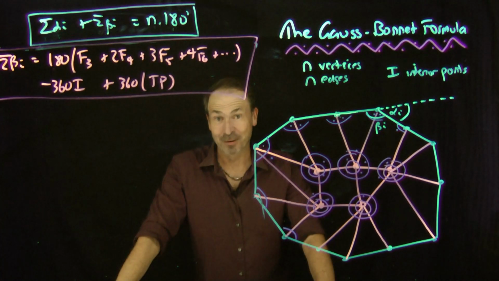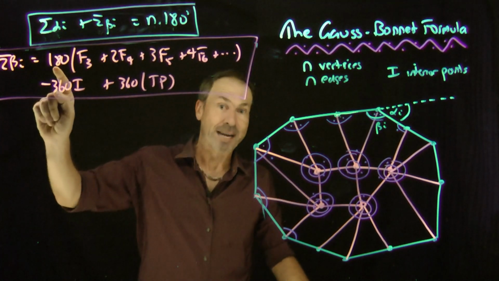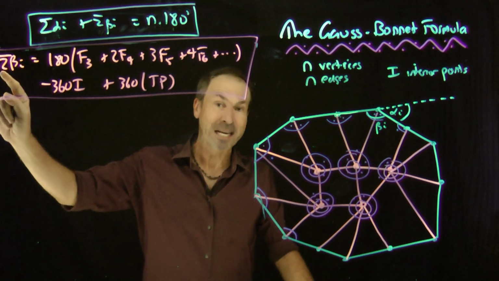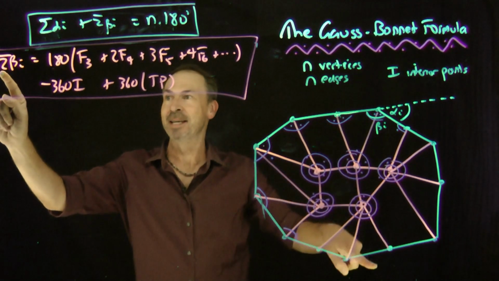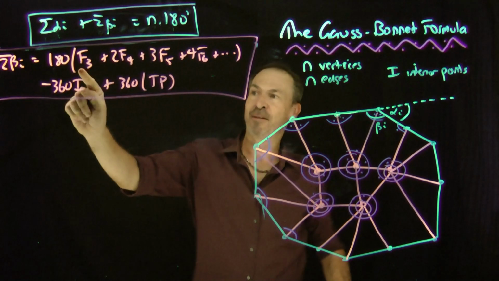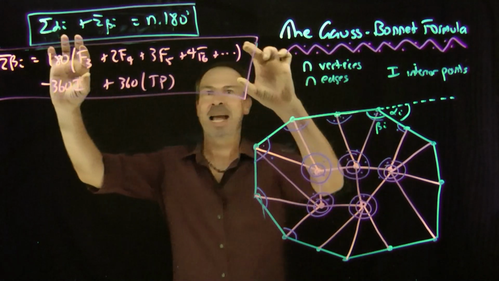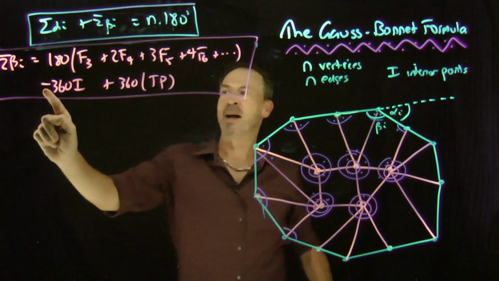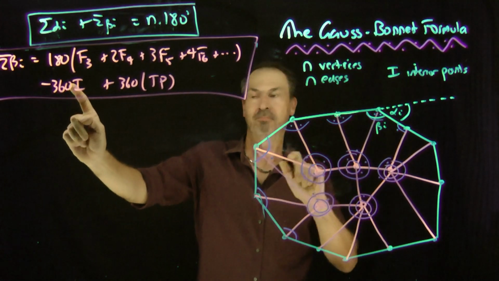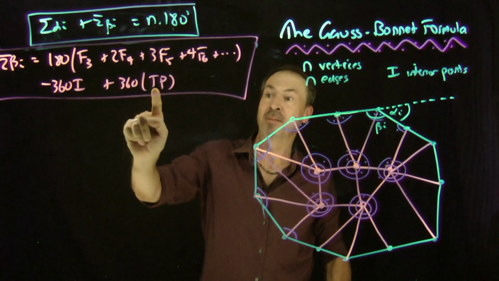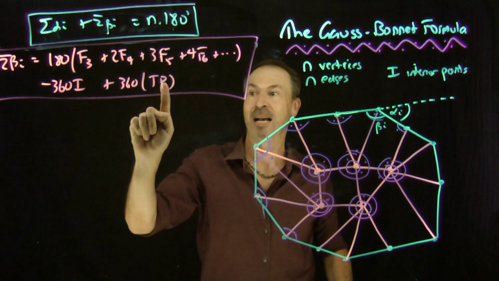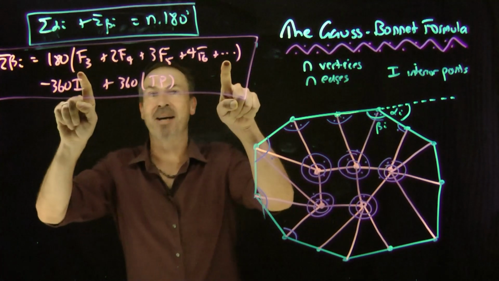Okay, so here's what we have so far. I've taken out a common factor of 180, so the sum of the interior angles of this polygonal path is 180 times F3 plus 2 F4s plus 3 F5s plus 4 F6s and so on, that strange sum, minus 360 times the number of inside points. I can make sense of that. Plus 360 times the total pointiness of those inside points. I can make sense of that. It's just this part that is meaningless to me.